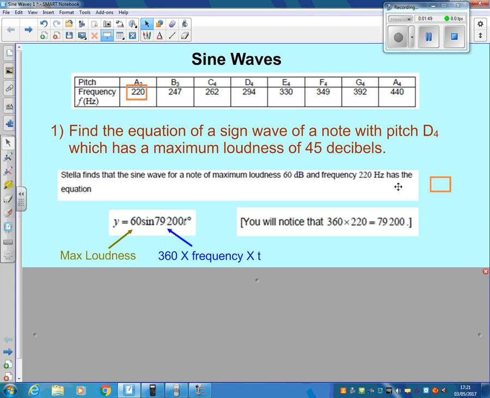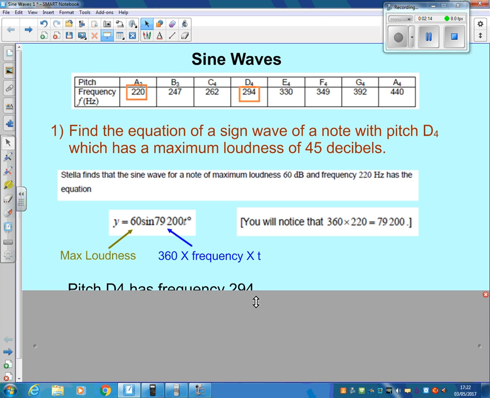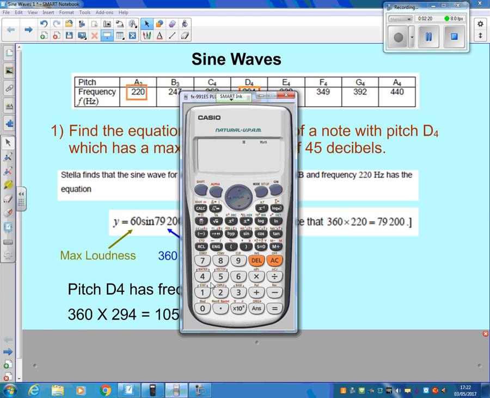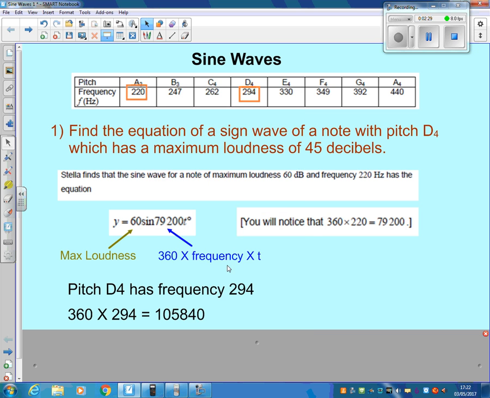What we're looking at is for pitch D4. So for pitch D4, we want a frequency of 294 and a maximum loudness of 45 decibels. So it's going to be 45 for your maximum loudness, but this number in here has got to be 360 times the frequency, 360 times 294, which equals 105,840.